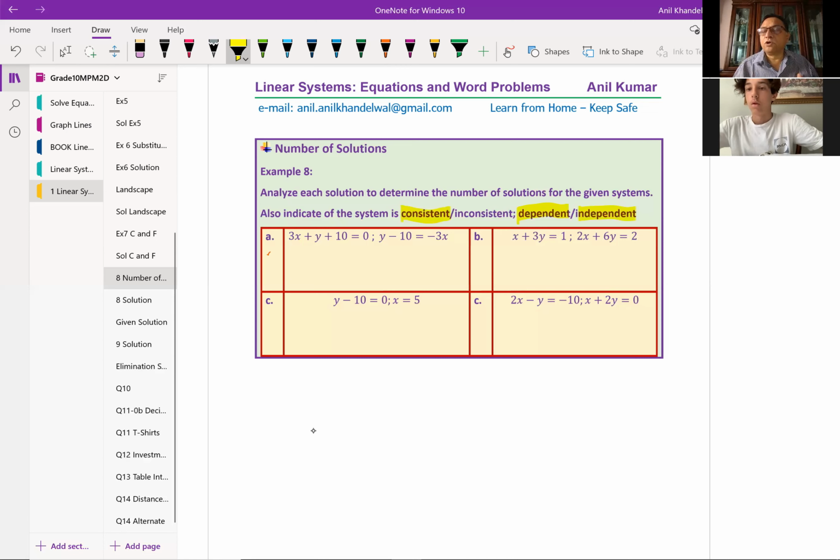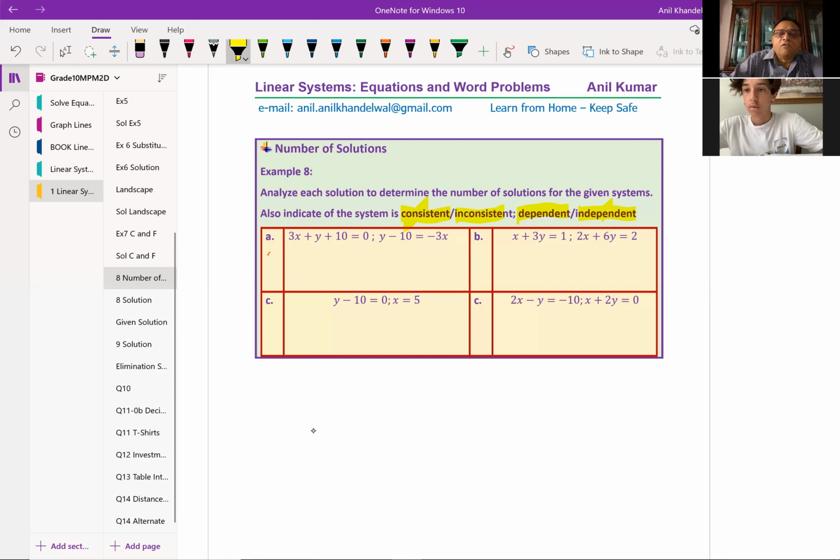In that case, you can say it's independent and consistent. But let us say they have the same slope. If they have the same slope, they could be parallel. If they are parallel, that makes it inconsistent. But if they are overlapping, that makes it dependent and consistent. That makes sense, right?